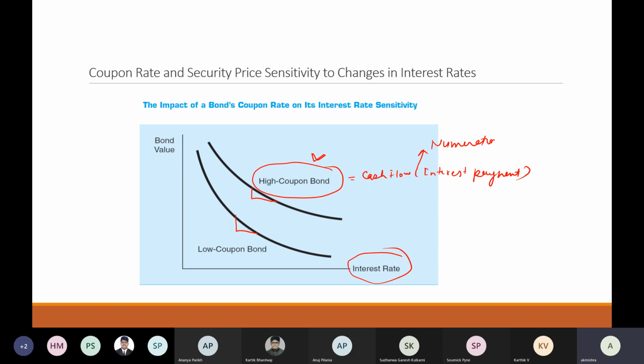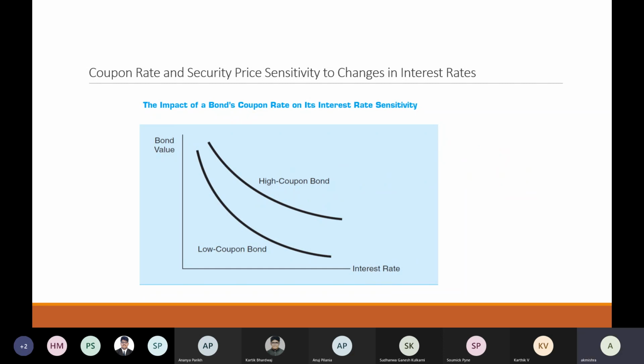This is something we should know, especially when you are looking at portfolio variation. Portfolio variation means how sensitive the portfolio is to the interest rate. So information about the coupon stated on a particular bond will tell you how sensitive your portfolio will be if you are considering that instrument in your portfolio.